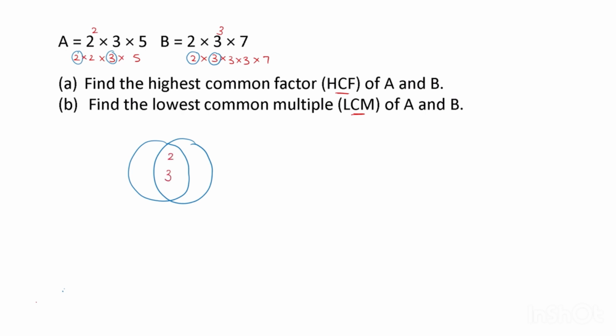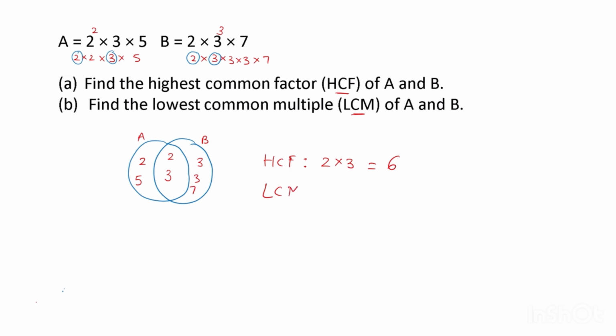Now we will see what are uncommon in A and B. In A you have uncommon 2 and 5, so you will write 2 and 5. In B you have uncommon 3, 3, 7. Now you're finding HCF, and HCF you know very well, it is only the middle piece, so the middle piece is 2 times 3, it is 6.